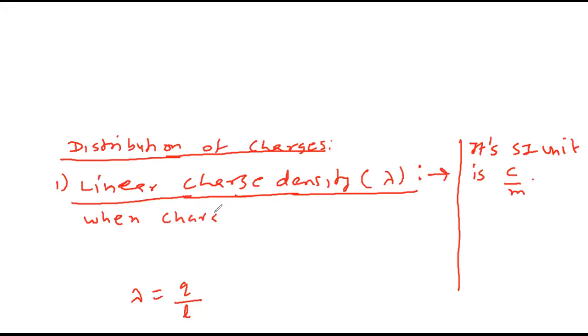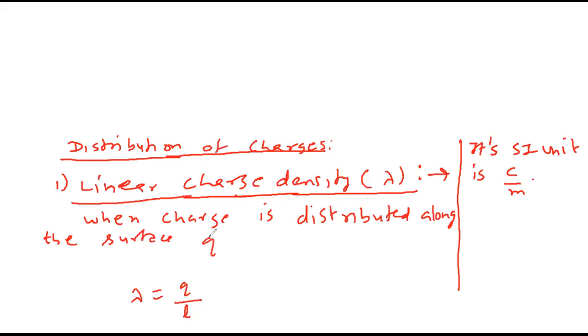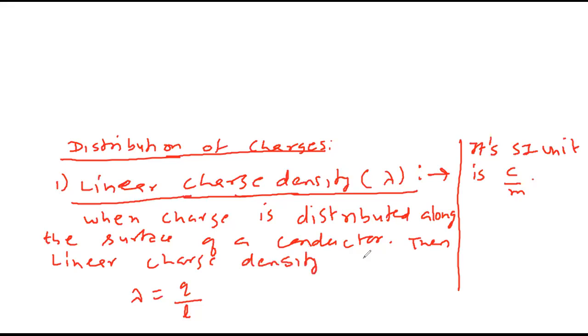When charge is distributed along the surface of a conductor, then linear charge density is defined as charge per unit length.